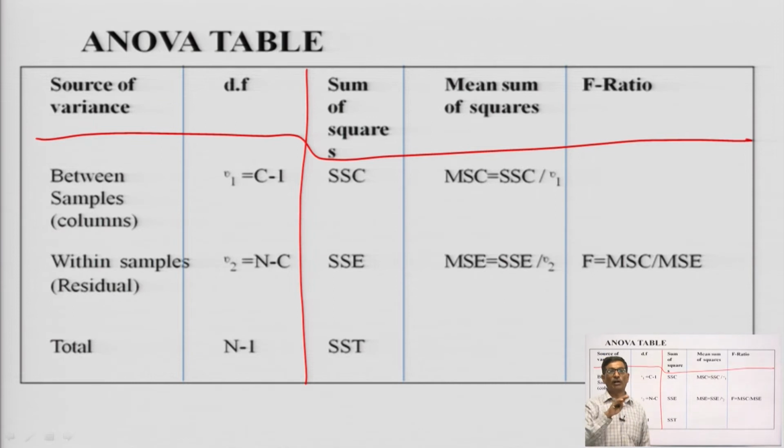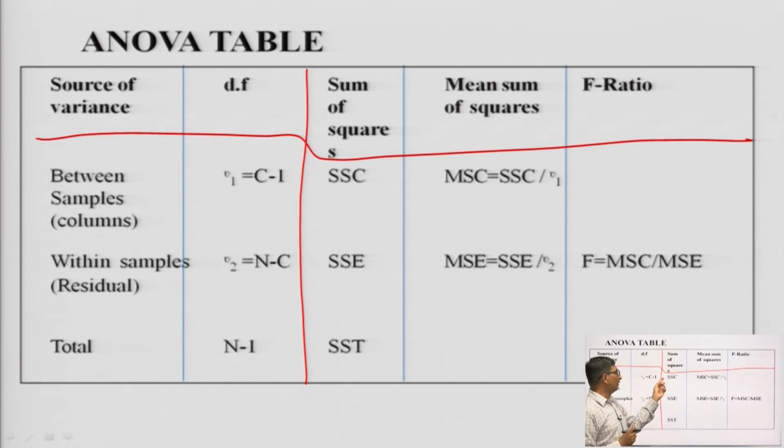As samples are in columns, you may also write between the columns. The next column is degree of freedom, where the degree of freedom between samples is C minus 1. Next is sum of squares, that is SSC, the sum of squares between samples. Next is mean sum of squares, the mean sum of squares between sample.